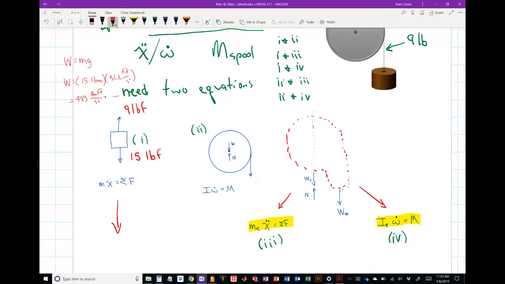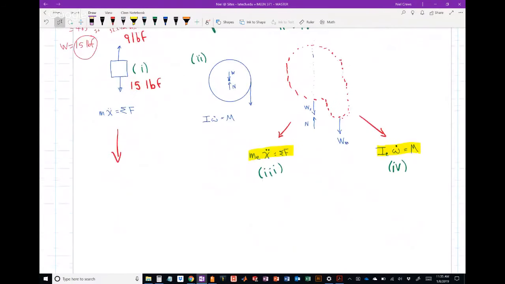And so we're going to say that 1 pound force is the same as 32.2 pound mass feet per second squared. 483 divided by 32.2 is going to be 15-pound force. So I would suggest just saying 15 pounds, that's a force, and then just going with it like that.